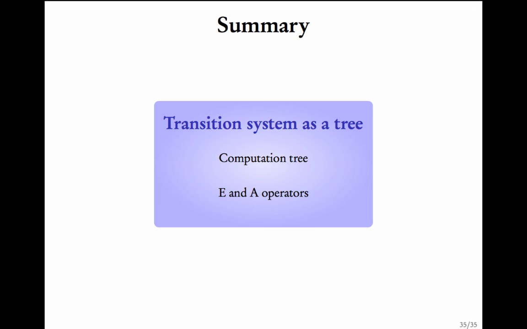And the last 3 or 4 examples that we saw had a mix of E and A, and this could give certain complicated properties over trees, saying that there exists a path which reaches a point from where the entire subtree satisfies certain properties. That is an important thing which could be useful in practice.